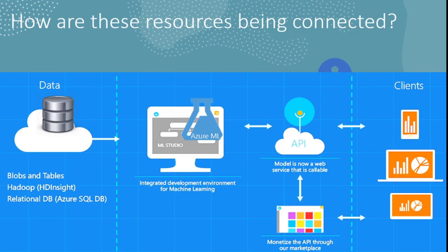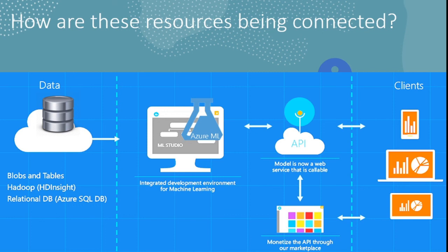Now let's take a scenario, or a complete picture of how these resources are connected. First we need data or a storage area, and those data are huge. Firstly we use storage resources for machine learning like blob, table, SQL.